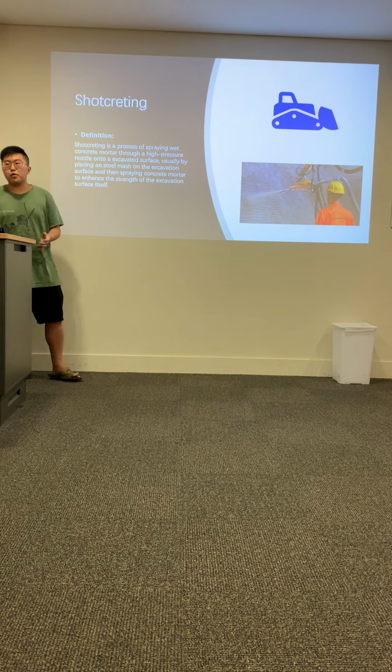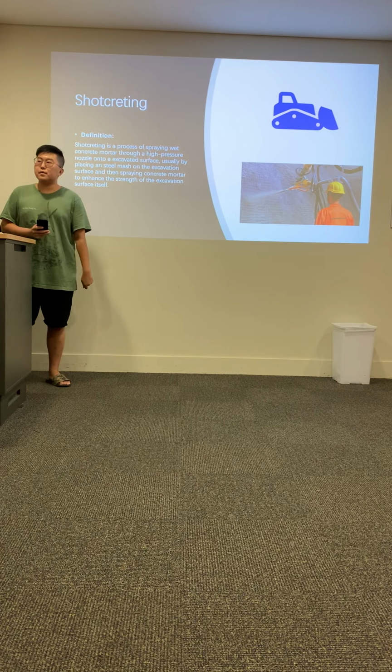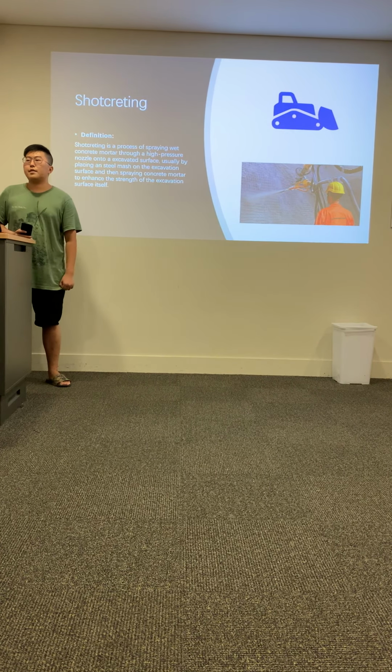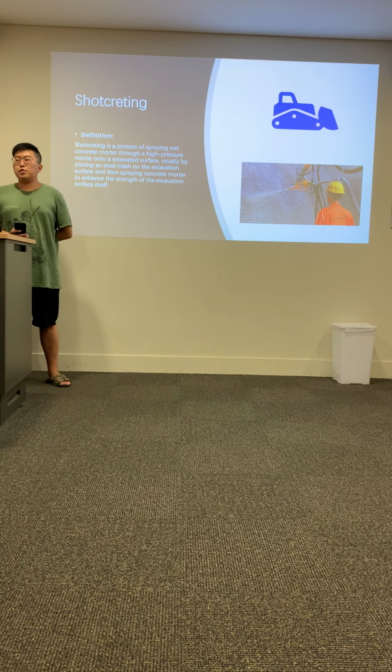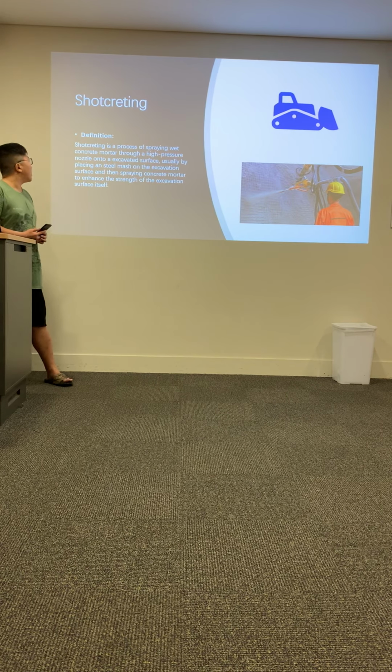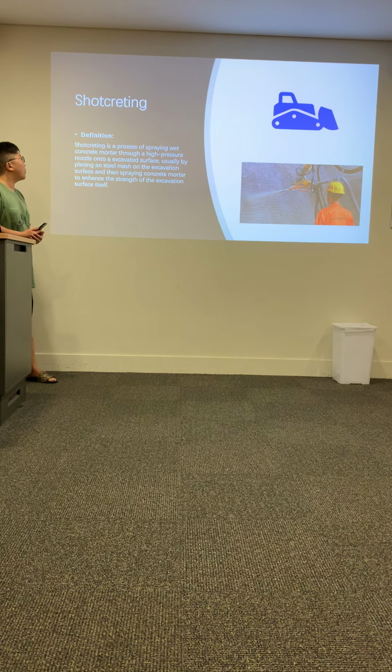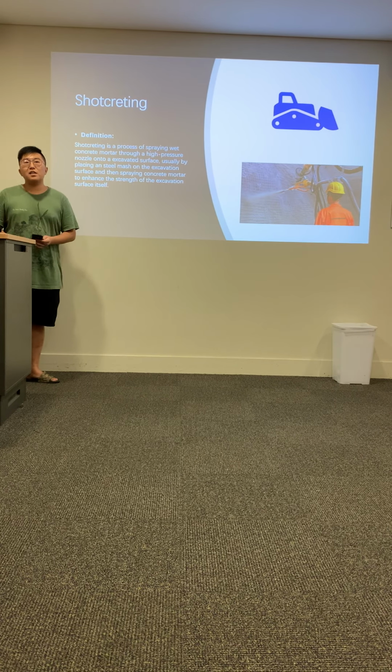Then we're going to talk about shotcreting. Shotcreting is the process of spraying concrete mortar through a high pressure nozzle onto an excavated surface, usually by placing a steel mesh on the excavation surface and then spraying concrete mortar to enhance the strength of the excavation surface itself.